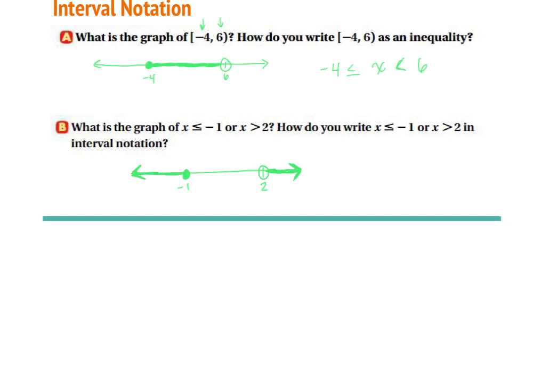And this makes sense because it is an or compound inequality, okay? How do you write that in interval notation? So our left boundary, let's start from over here. This is going to be an open parenthesis, negative infinity, comma, it stops at negative 1 with a closed bracket, or parentheses at 2 because it's not included, to infinity.